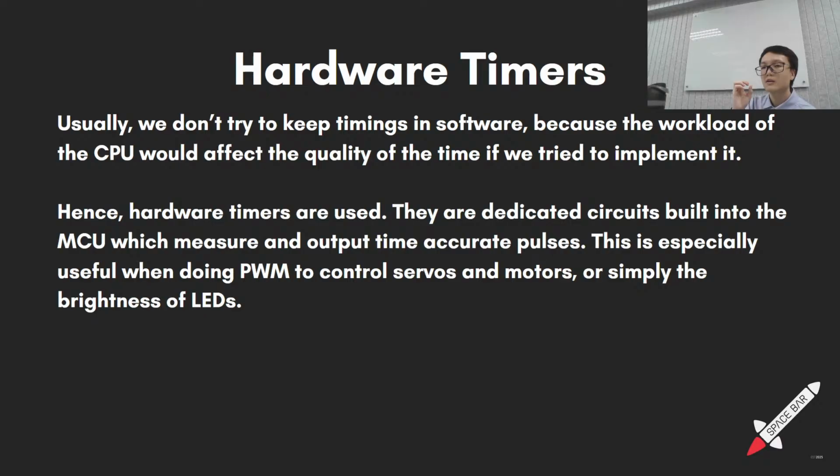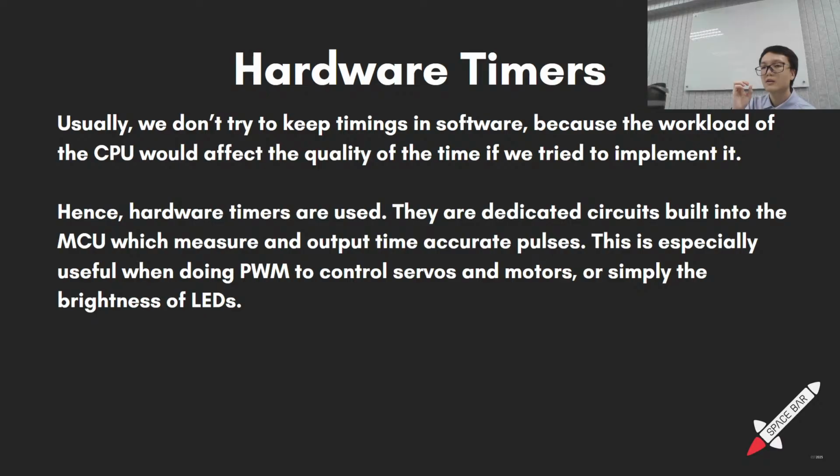So if you are on for longer, and this is your repeating waveform, so this repeats, then T on is longer, and basically the duty cycle is, let's say now, 90%, so it's 90% brightness.